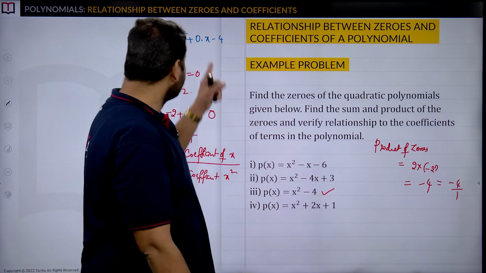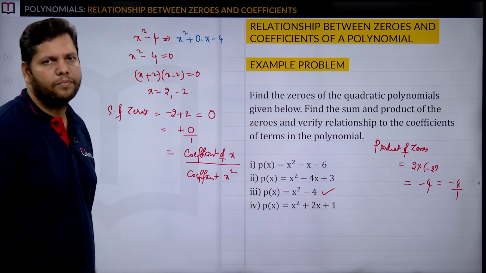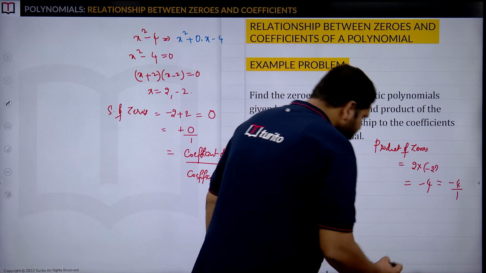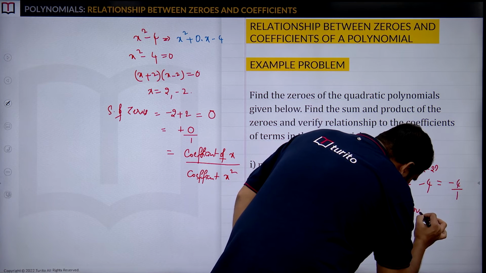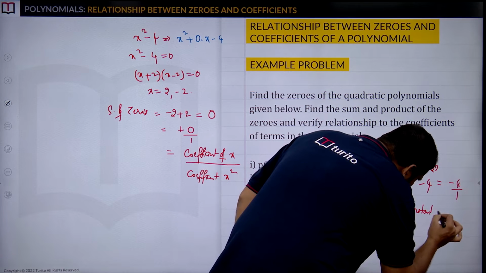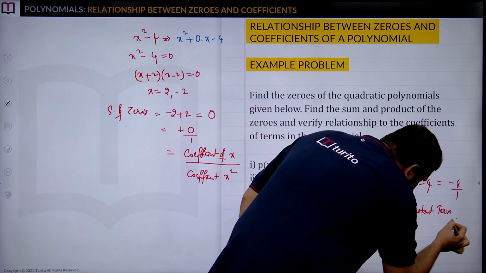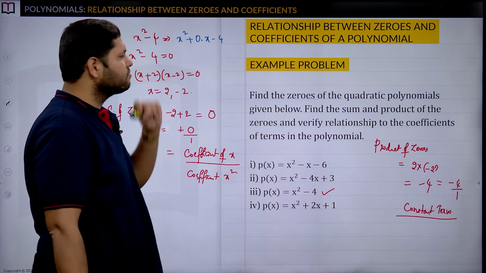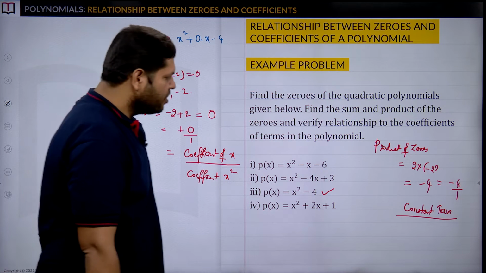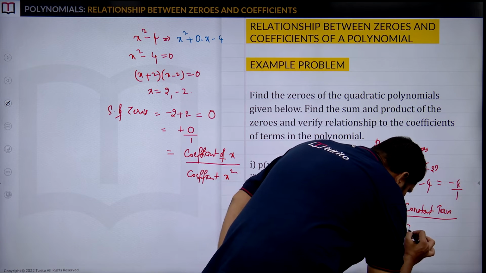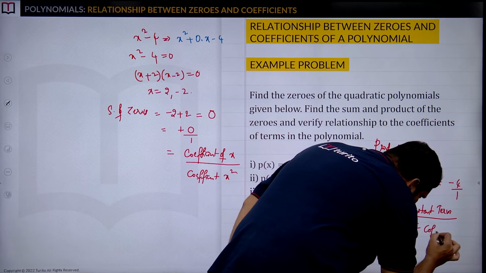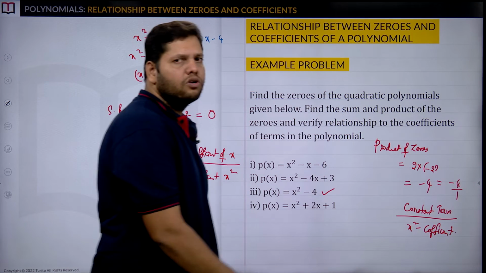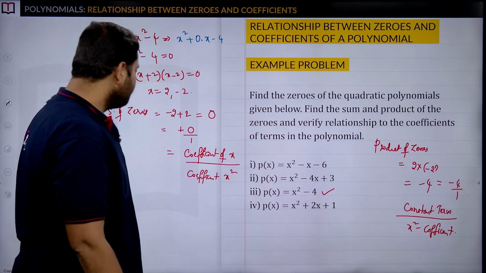So, from the question, minus 4 is the constant term, and divided by 1, and 1 is the x square coefficient. Okay.